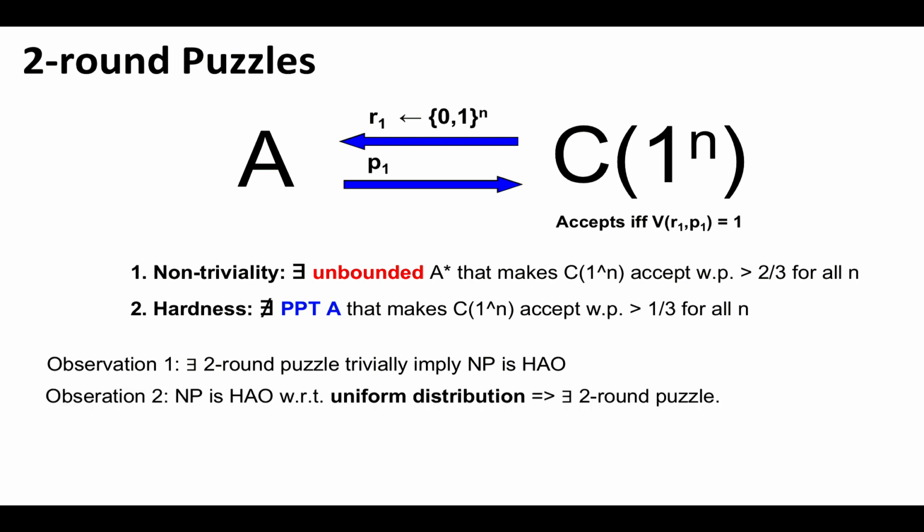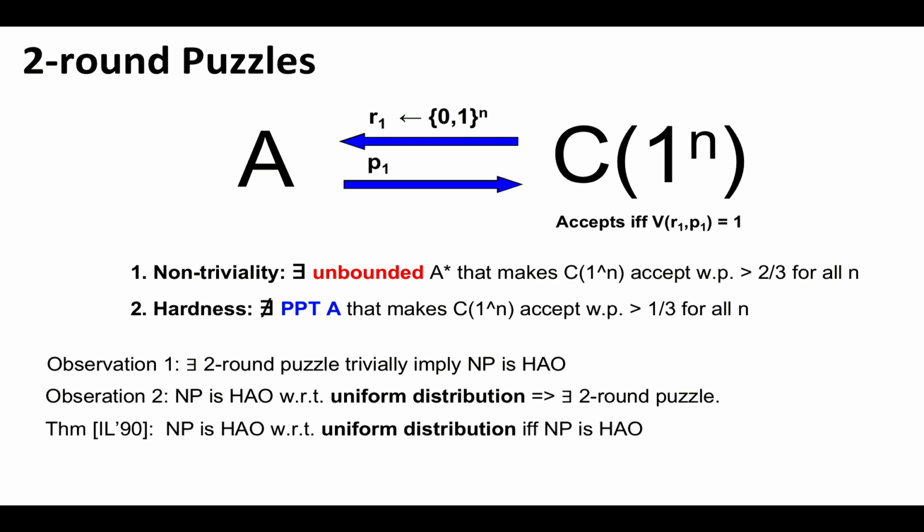So that's trivial. Another thing that's trivial is if you have some language in NP that's hard on average for the uniform distribution, meaning that it's hard on average when I sample uniform random statements, then that gives rise to a puzzle also, because the sampler samples a random instance. That's exactly like the first message. It's exactly the same thing.